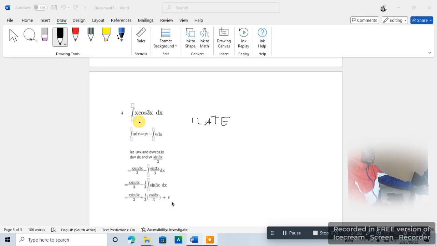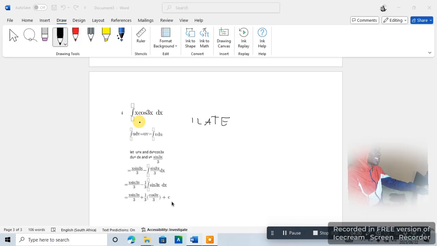The reason why is just because when we differentiate x, we are left with 1, so it makes things easier. And when we integrate dv, we are left with v, and we know that the integral of cos 3x is sin 3x over 3.